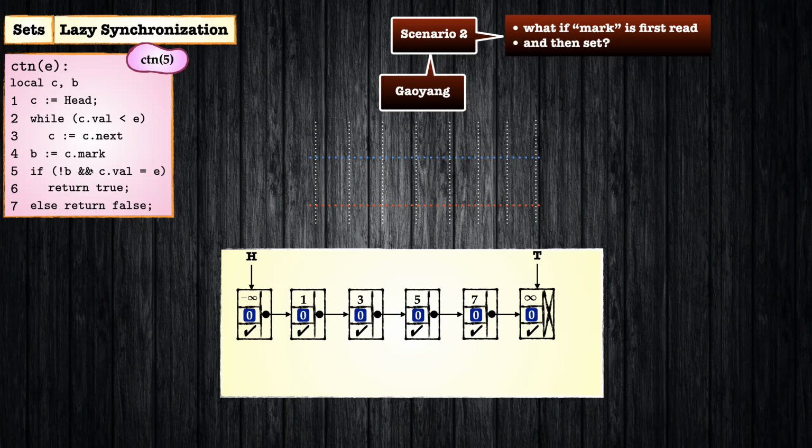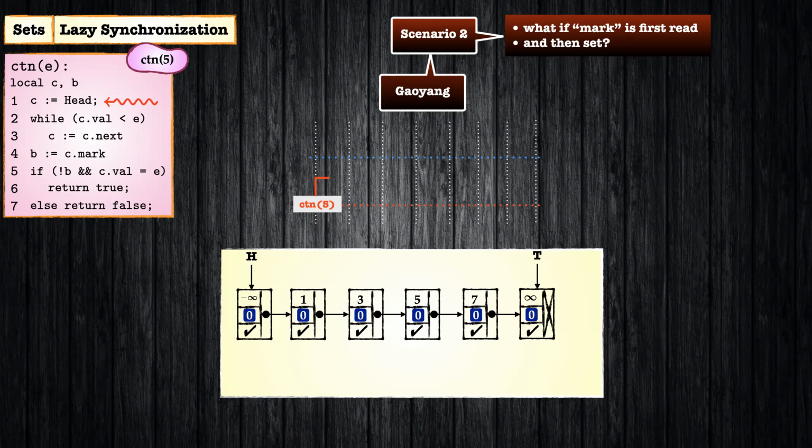So we have the red thread first, trying to check for contain 5. Now the red thread is active and calls the locate procedure. It searches using the while loop and tries to find the correct cell.